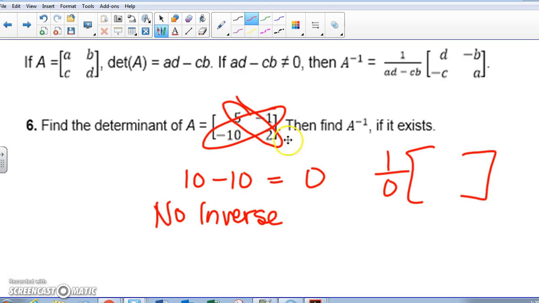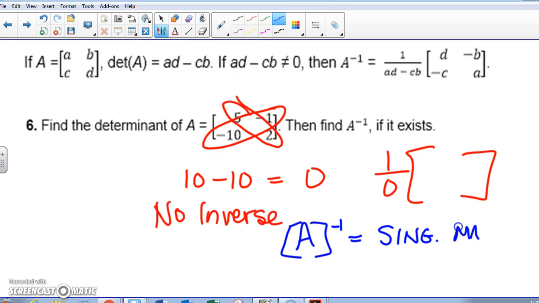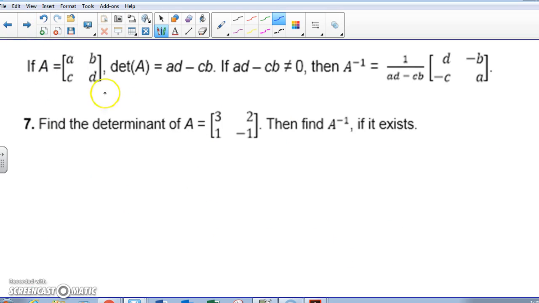If you type this in your calculator and then you do A to the negative 1, it'll say error and then it'll say something like singular matrix. When you see this singular error, it means that there is no inverse. Somebody get it to show up? Yes? Okay. I'm going to go on to number 7.